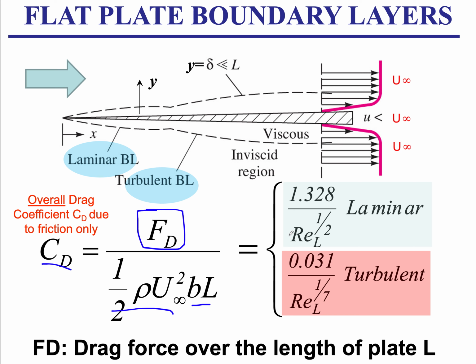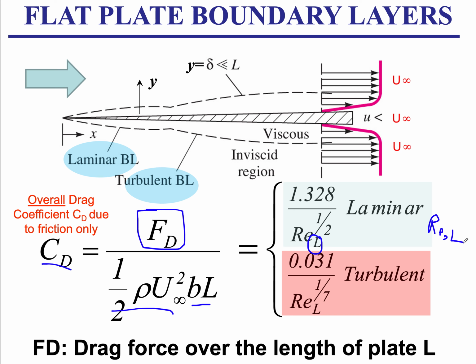And as we expect, we're going to get the same relationship, a 1/2 power law, a square root dependency for the laminar case, for the laminar part of my plate, if I had a laminar plate. So here it's based on L, as you can see. So we're taking the whole plate. So what we do here is we compute Reynolds number based on L.